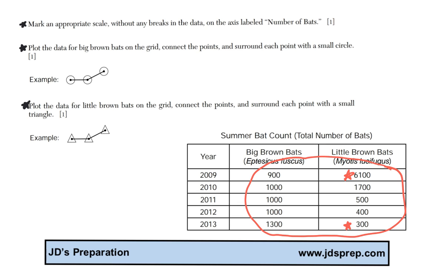If we take 6,100 and subtract 300, we get 5,800.